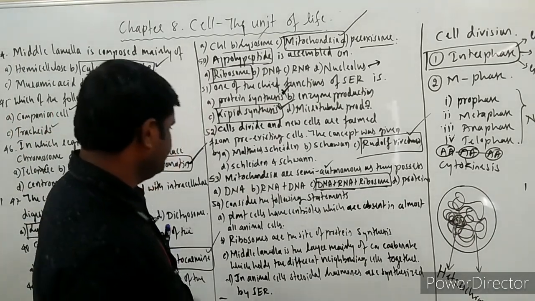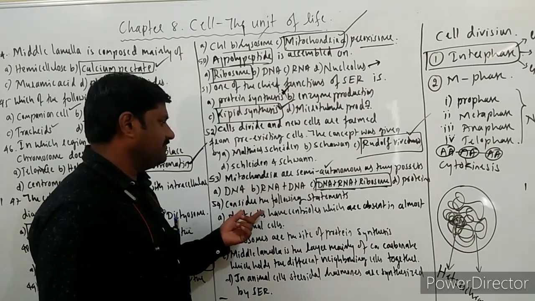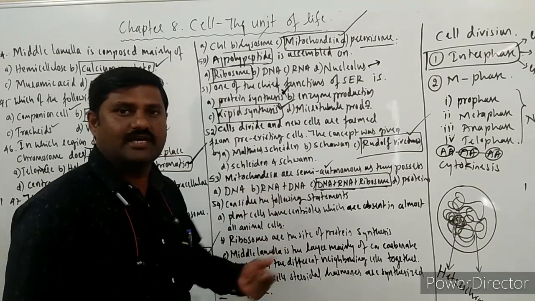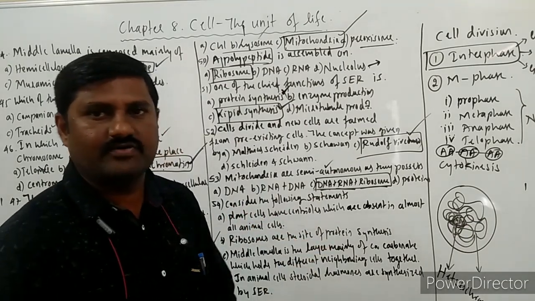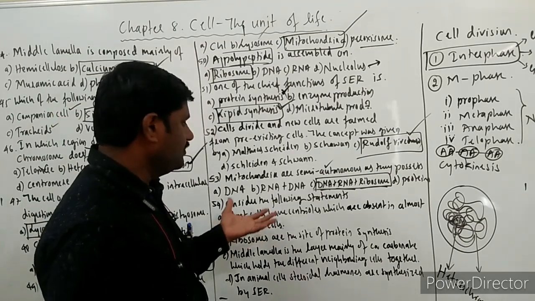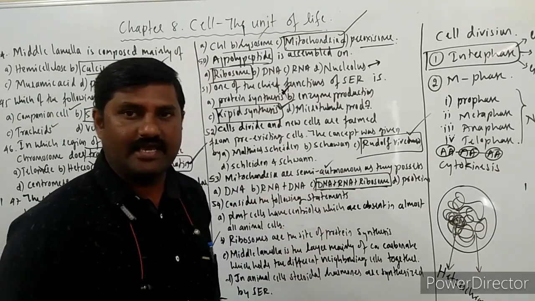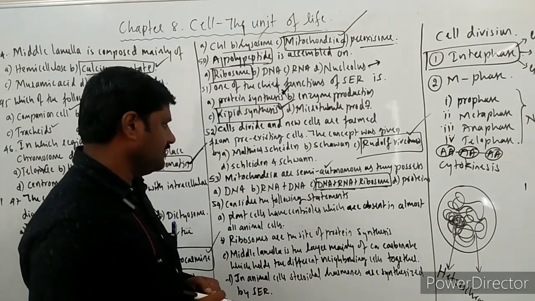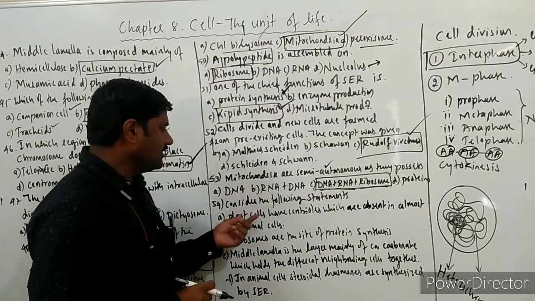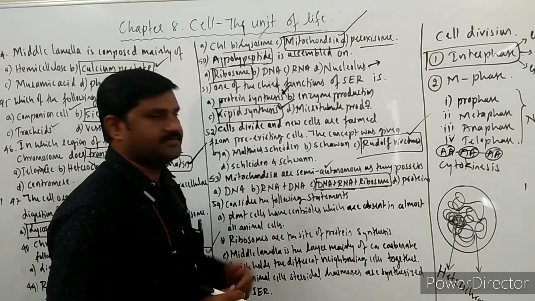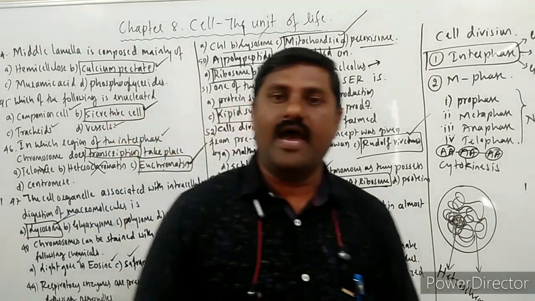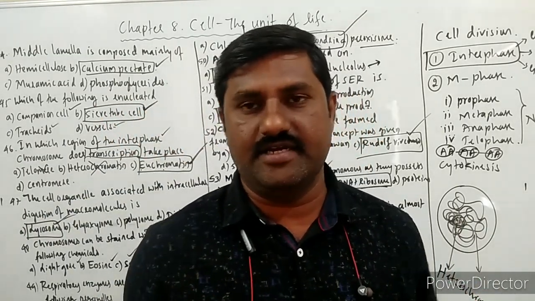What is the next question? A very interesting one. Four statements are given here, and among them some are correct and some are wrong. We have to analyze them. Let us read the statements first. Plant cells have centrioles. You already know plant cells do not have centrioles.